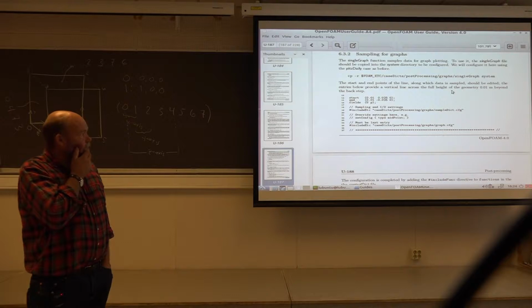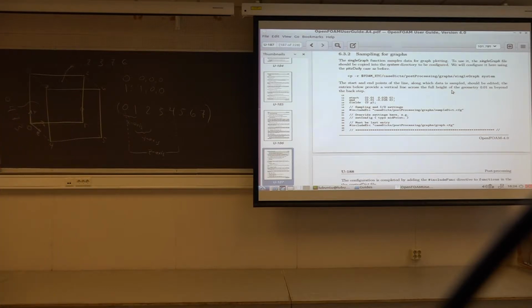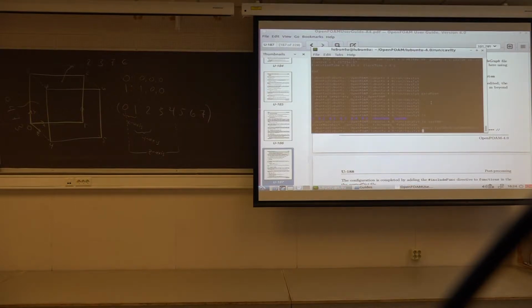So how to find this one, how to use it. For this tutorial here, they have used as an example the pitzDaily test case. Now I don't have the pitzDaily test case in my run folder. I only have the cavity case.